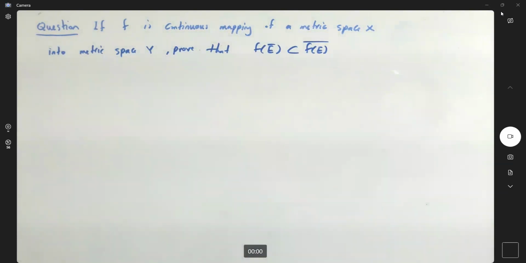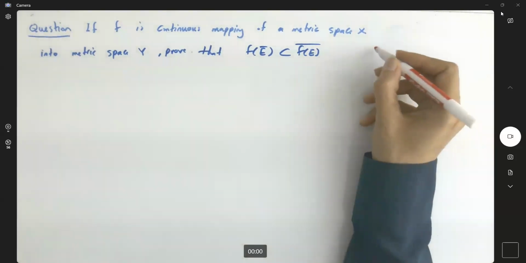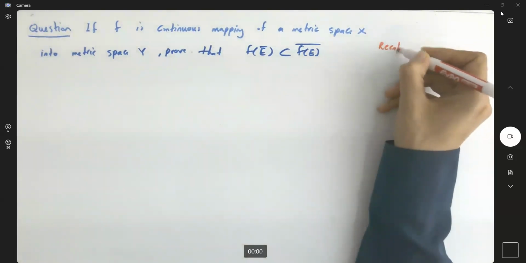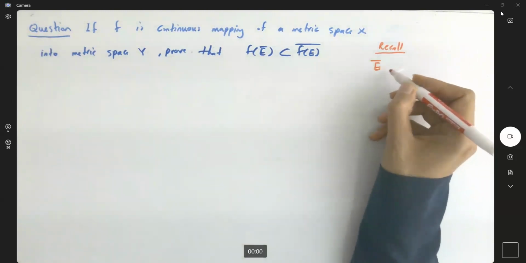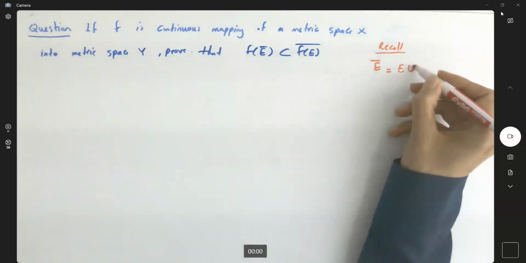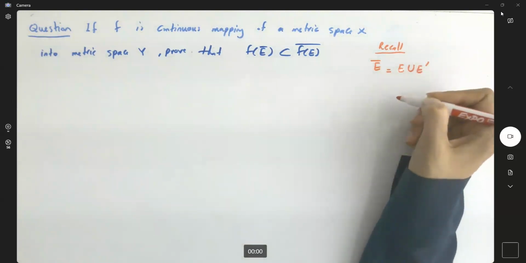Let's just write down a short recall here for you. The closure of a set E is defined as the set union with its E prime, where E prime is the set of all limit points of E.